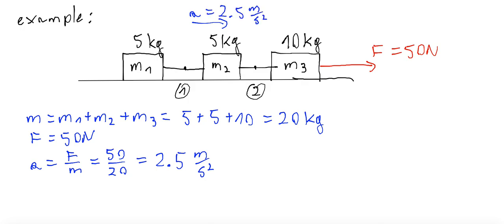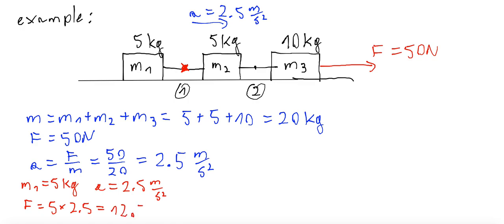Okay, so let's focus on the first string, at this place. Okay, so let's look. We know that mass m1, which is equal to 5 kilograms, moves with acceleration of 2.5 meters per second squared. So the force acting on mass m1 is the product of 2.5 and 5, which results in 12.5 newtons.